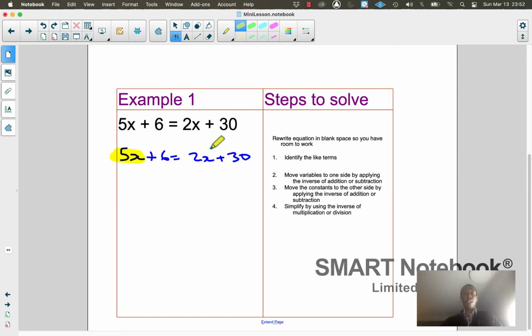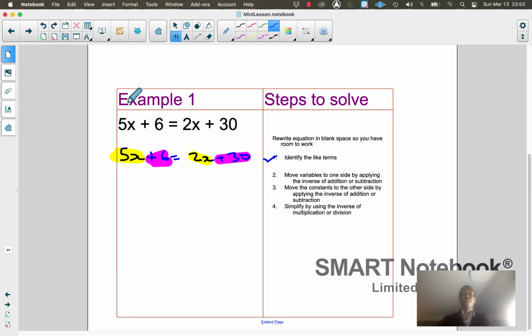Very good. Another one. Another variable, another like term, 2x. Do we have any other like terms? Yes, we have the constant of 6, and we have another constant, 30. Let's put a check mark. We just did step number 1.